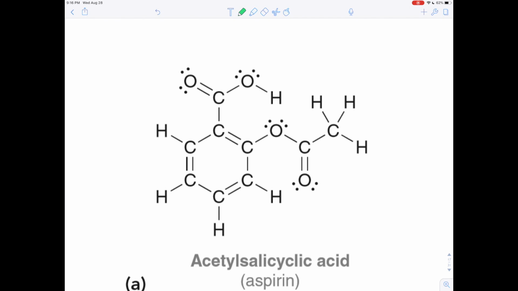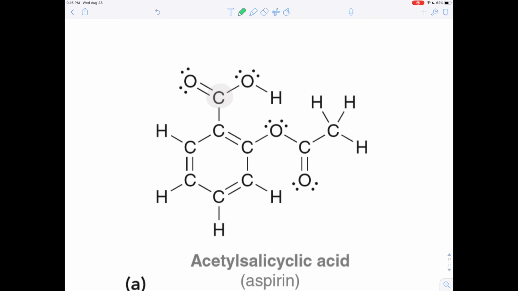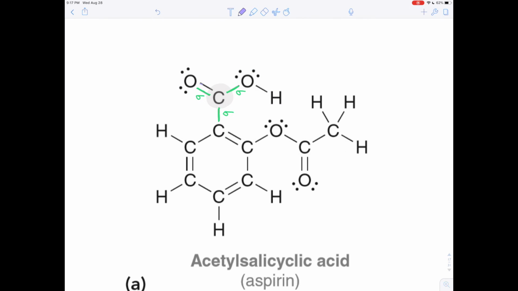So let's look at this carbon here first. The first bond you ever form between atoms is a sigma bond. So between these, you only have one bond, it's a sigma bond. Between here, you only have one bond, so a sigma bond. Between these, the first bond you ever form between atoms is a sigma bond, so that's a sigma bond. Every bond after the first bond is a pi bond, so that right there is a pi bond.